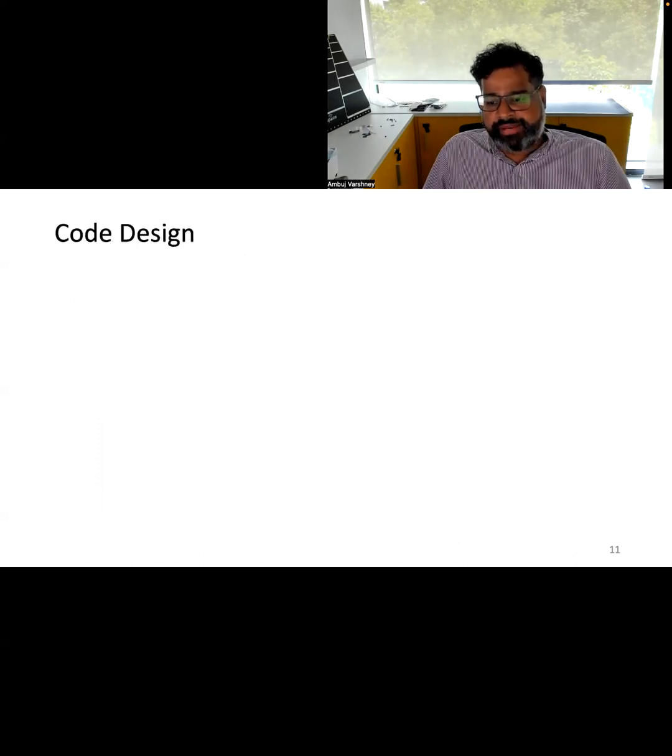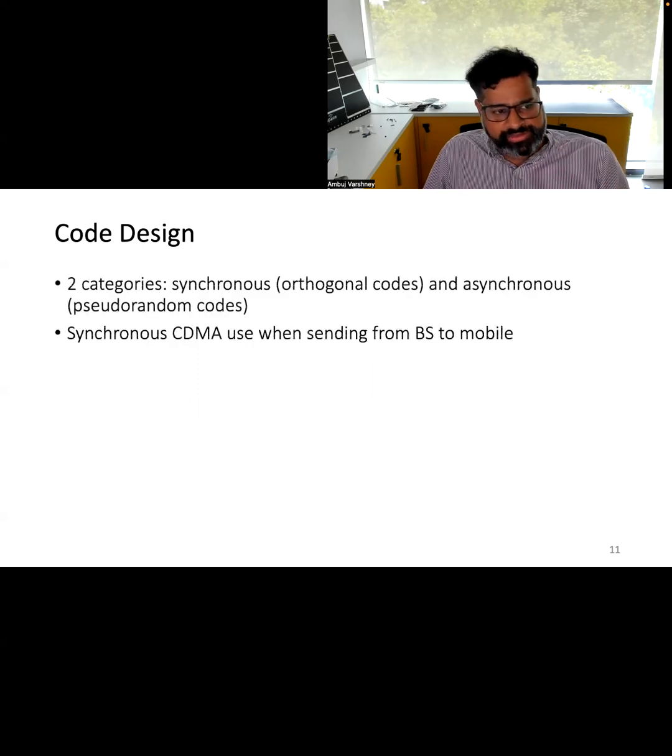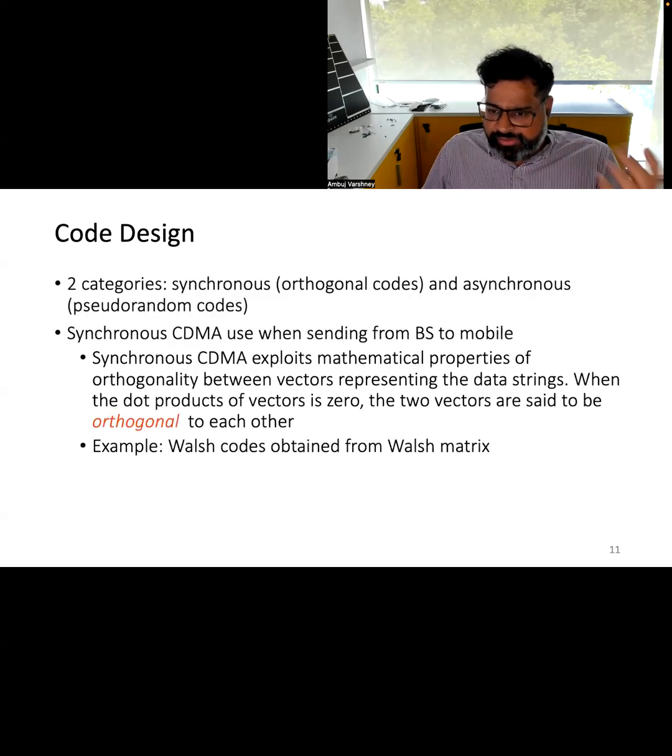So CDMA codes can be characterized into two types. They can be synchronous and asynchronous. Let's talk about synchronous first. Synchronous CDMA uses orthogonal codes, which exploit a mathematical property of orthogonality between vectors. As an example, when the dot product between two vectors is 0, they are considered orthogonal.